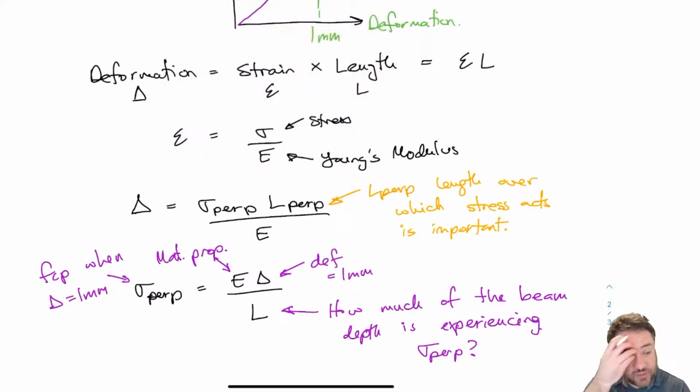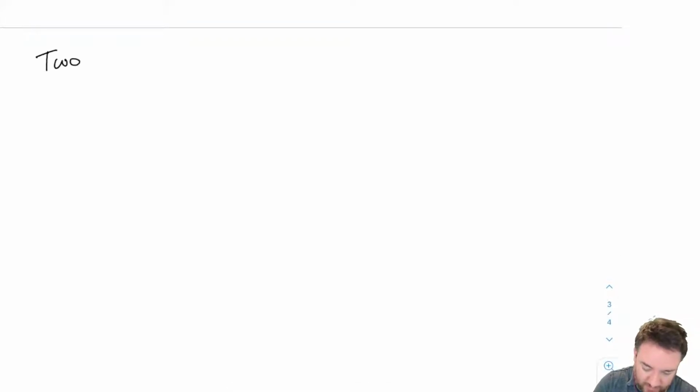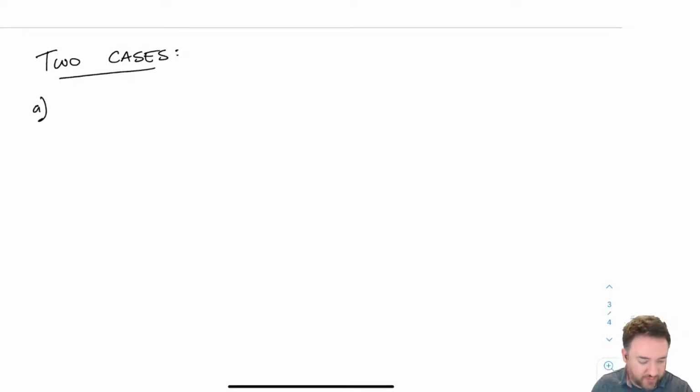So we're going to look at two different cases for this, and these are the two different cases defined in the standard as well. Okay, in the first case, we have a localized compression, and we just have a short depth, and I'm going to show what that looks like.